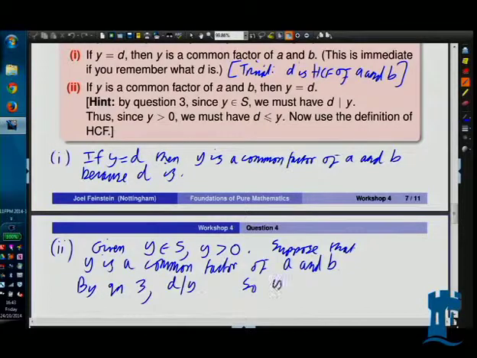So y over D is an integer, but they're both positive, right? Of course, if y was negative, then you wouldn't get much out of this, but y is greater than naught, and D is greater than naught, of course. Highest common factor is positive as well. So in fact, y over D is a natural number.